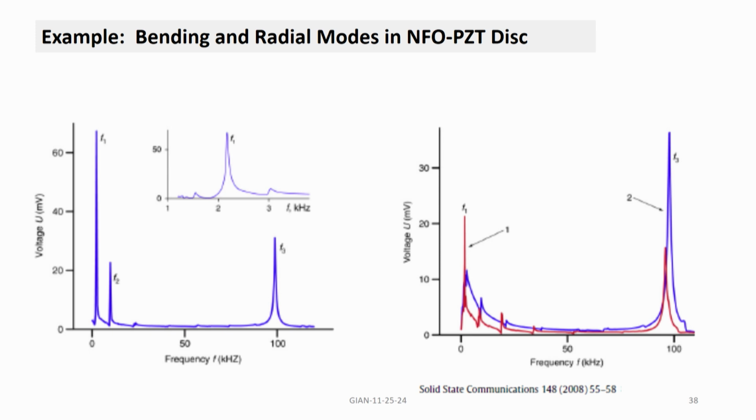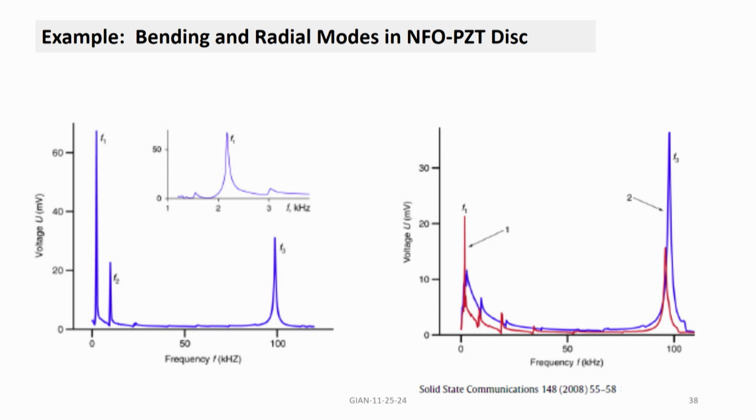Okay, so these are bending and radial modes in a disk of nickel ferrite and PZT, and see the frequency maximum, the maximum at the lowest one is the bending mode, and that value is quite high, followed by the second peak, which is the second harmonic of the bending mode, and the one peak at 100 kilohertz, that is the longitudinal acoustic mode.